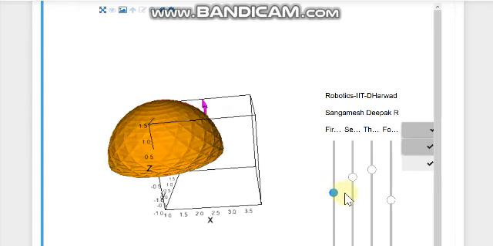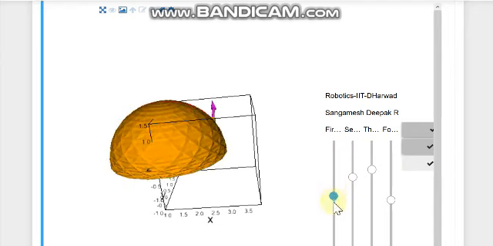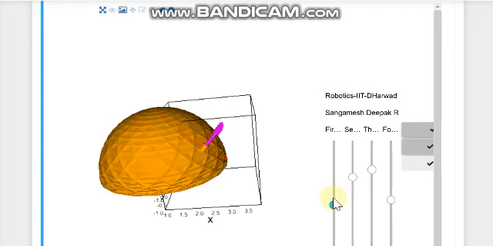Now what we want to do is collect all these surfaces. For example, this surface, this surface, this surface. So different surfaces for different values of theta 1, and combine them. So when we combine those surfaces, we will actually get a volume, and that becomes the workspace of the robot.